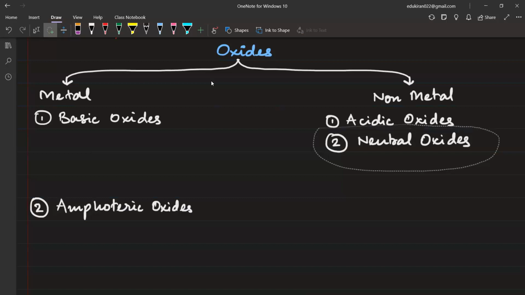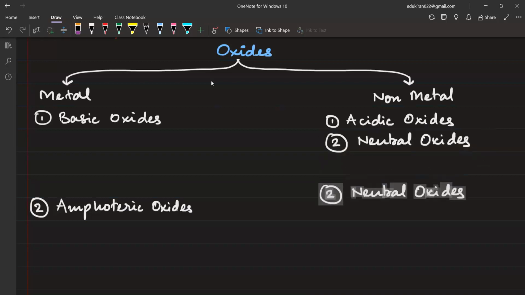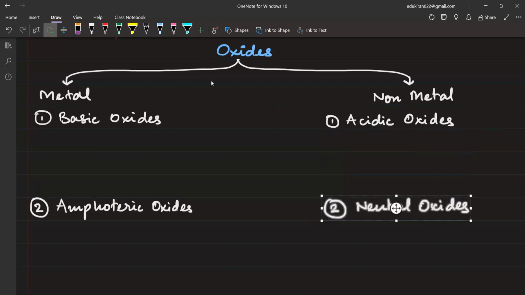The basic oxides are very easy to understand. Basic oxides are going to be the oxides which act as base when added to acid. They are going to act as base.